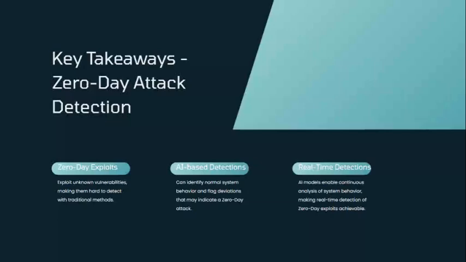Anomaly based detection techniques such as behavior analysis can help detect activities that deviate from normal operations and potentially indicate exploitation of a 0 day vulnerability. And detecting these exploits can significantly reduce the potential impact of an attack. Since these vulnerabilities are unknown, conventional signature based detection methods may not identify the threat.